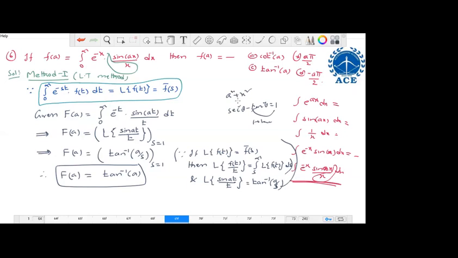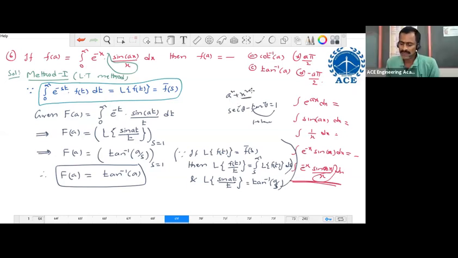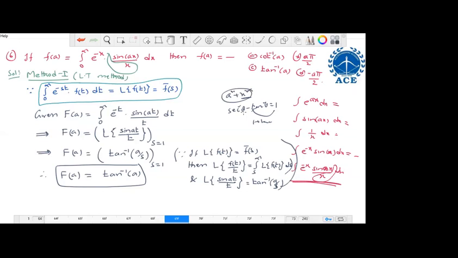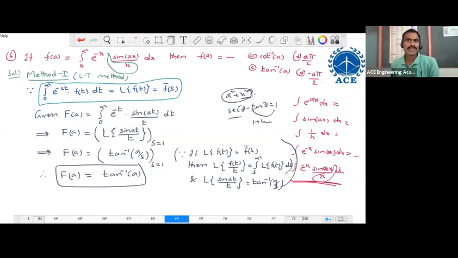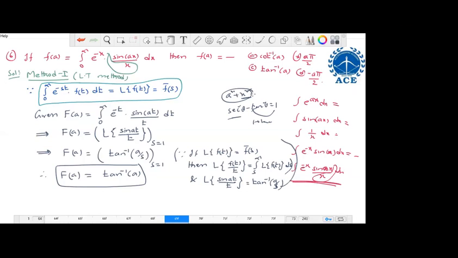So if you take x equal to a tan theta, then this will be a secant square. If it is a square minus x square, then use sin square theta plus cos square theta equal to 1. Got it?